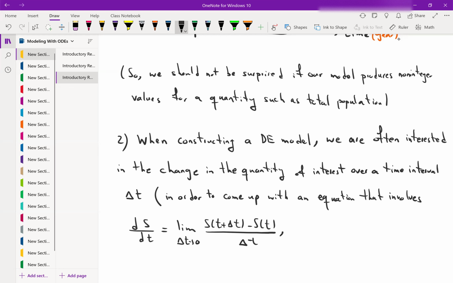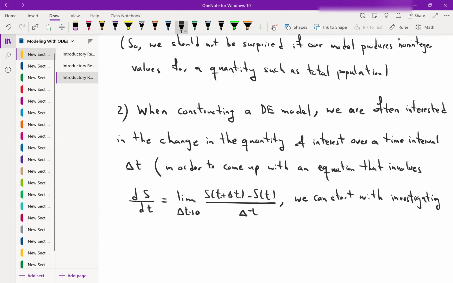So we need to explore S(t + delta t) minus S(t). That is why we're interested in this difference, in what is happening to S over the time interval from t to t plus delta t. We can start with investigating S(t + delta t) minus S(t).